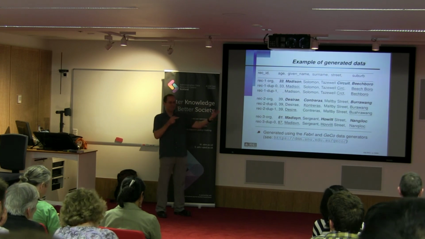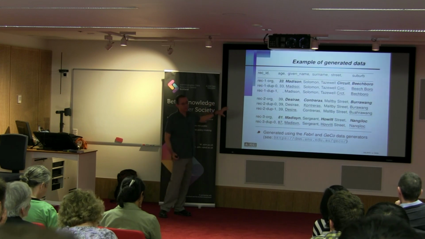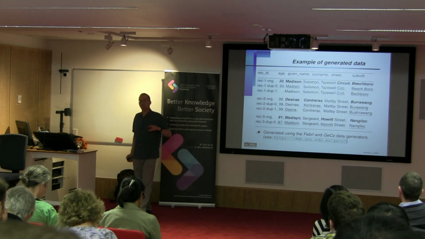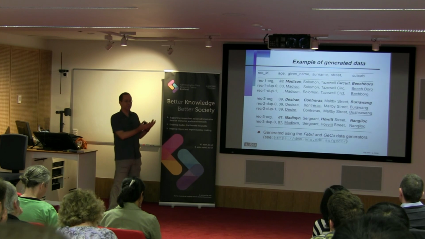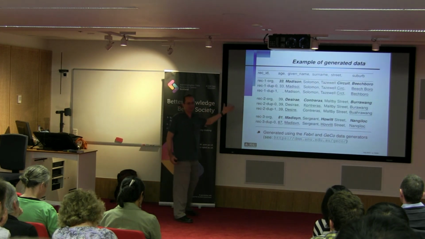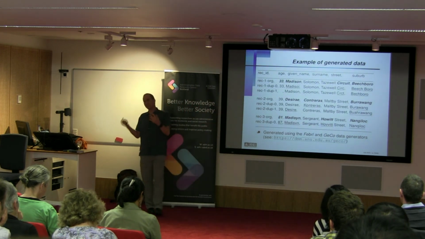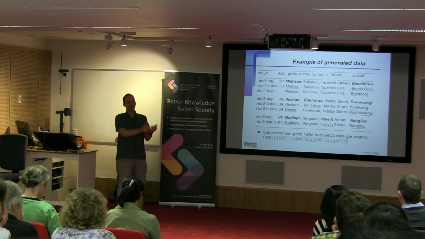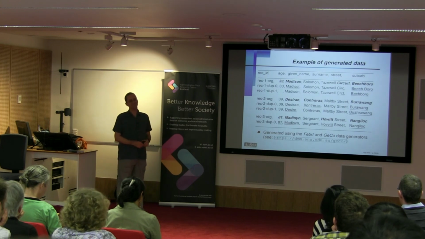I know there are disadvantages to this, but this is the only way many researchers in record linkage in computer science have to work, because we don't have real data. And even if we have real data, we don't know the truth, right? So we generate our own data. It solves some of the problems, it introduces other problems. I agree. Interesting.